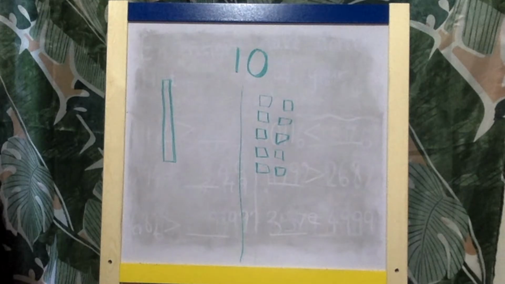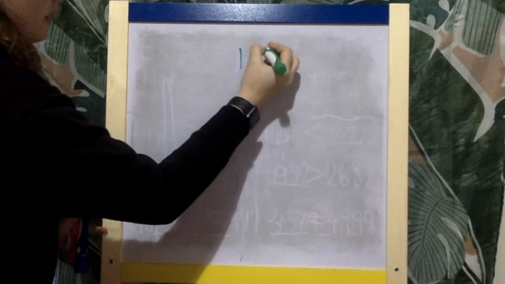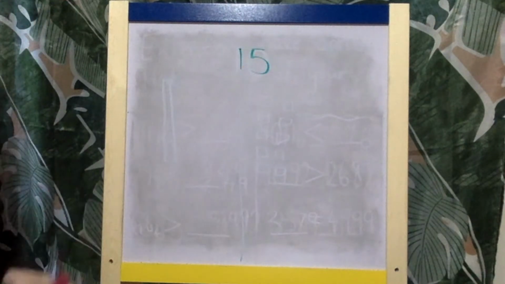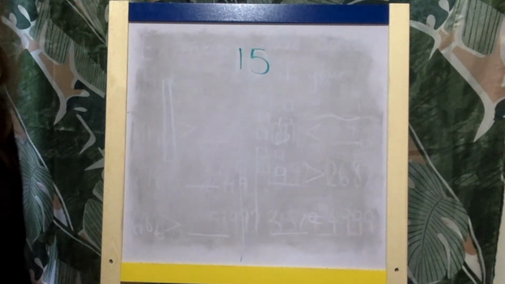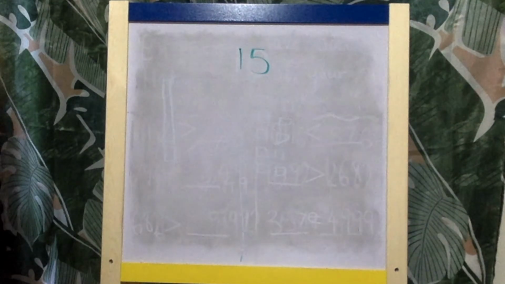Let's choose a different number. Let's choose 15. Have a quick think, what's the most efficient way, standard way, we could make the number 15 using our MAB blocks?